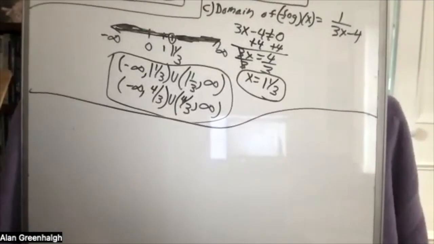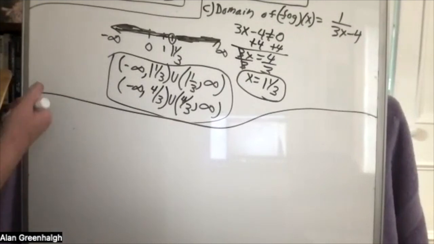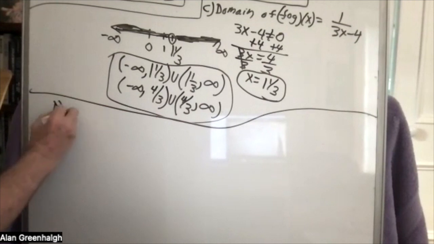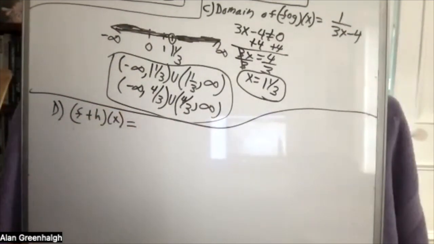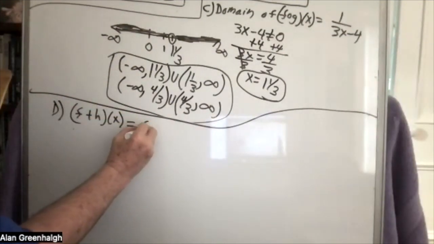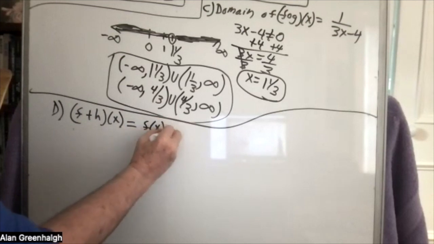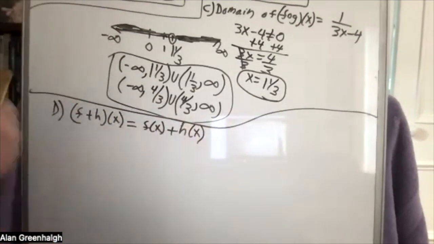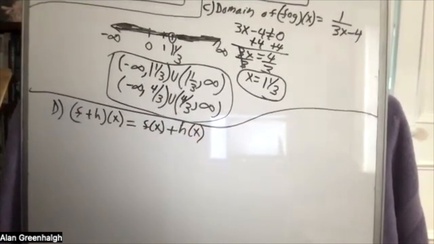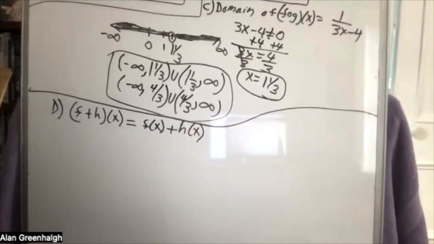And it's going to come in the form of asking us, what is f plus h of x? What is f plus h of x? And that means, what is f of x plus h of x? This is the very first thing we did when we were beginning chapter 5.